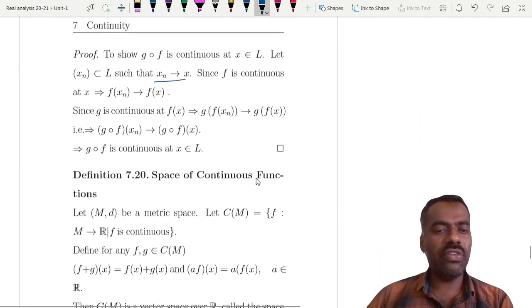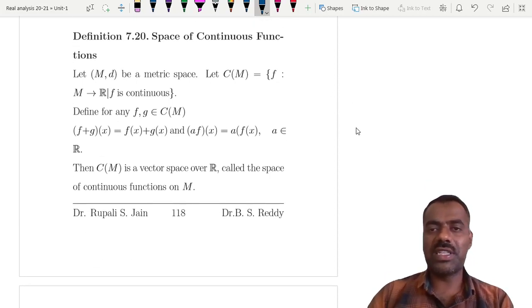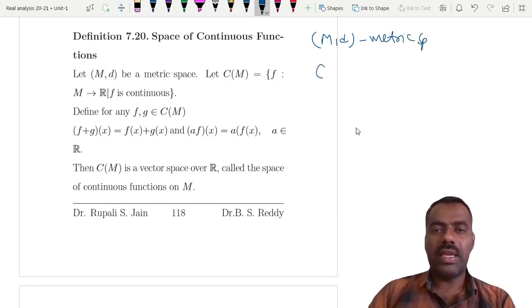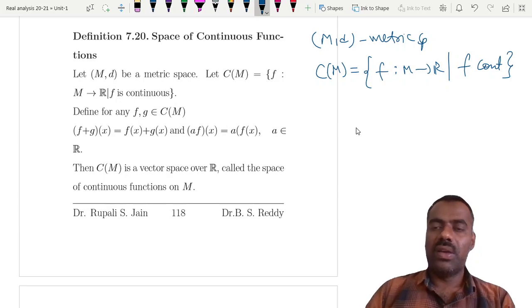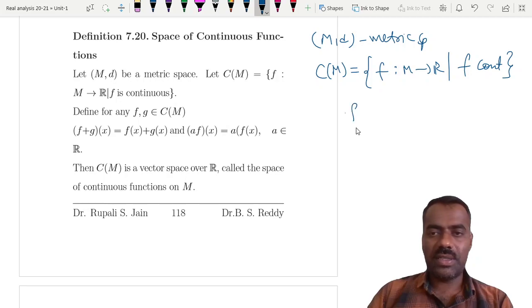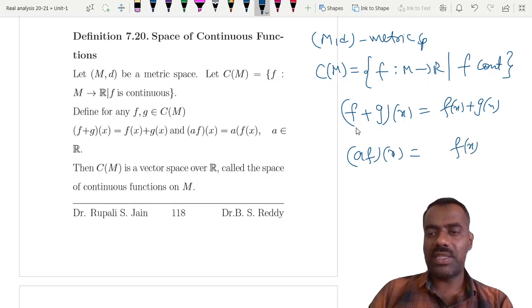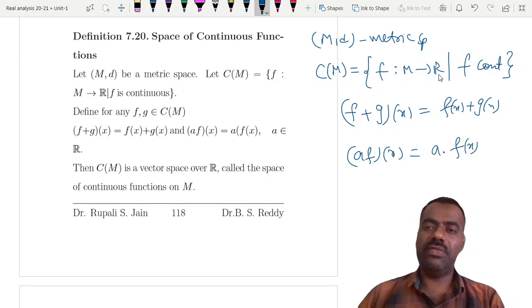Fine. This space of continuous functions, what is meant by the space of continuous functions? Take (M, d), which is any metric space. Then you denote by C(M) all continuous functions defined from M to R. We can make this a vector space by defining two operations, namely f plus g is f of x plus g of x, and a scalar a times f is a times f of x, where a is in R, right?